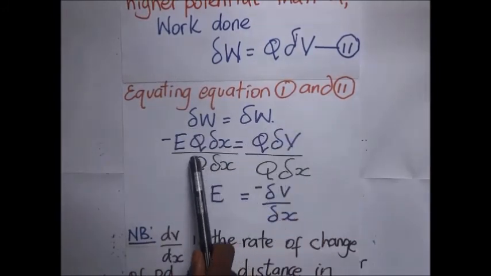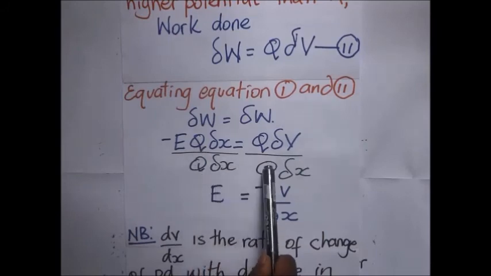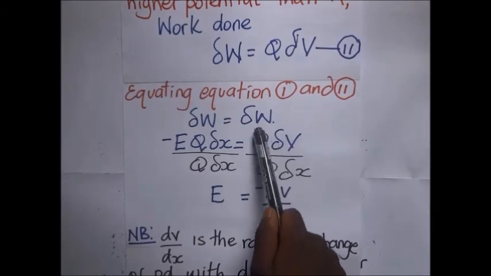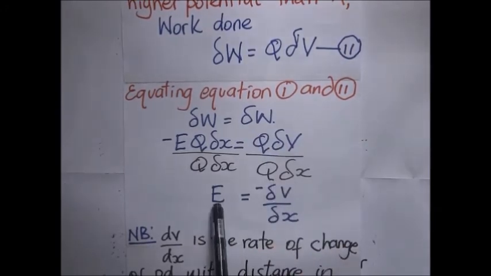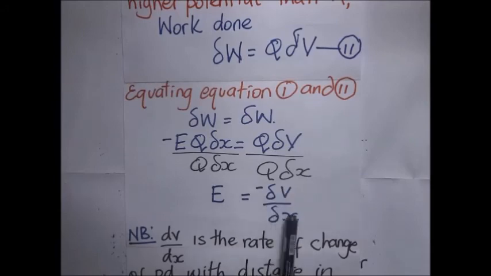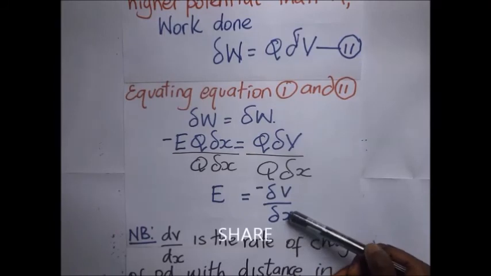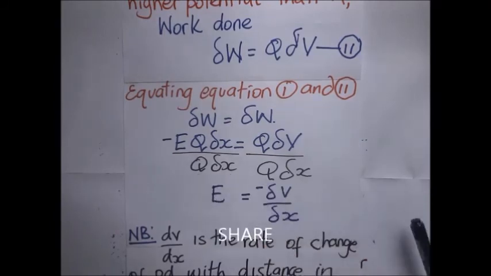And if you divide both sides by Q times dx, the Q and dx cancel, and you remain with the intensity E being equal to change in V over change in X, change in potential difference over change in the distance. So this is the relationship that exists between electric field intensity and potential difference.